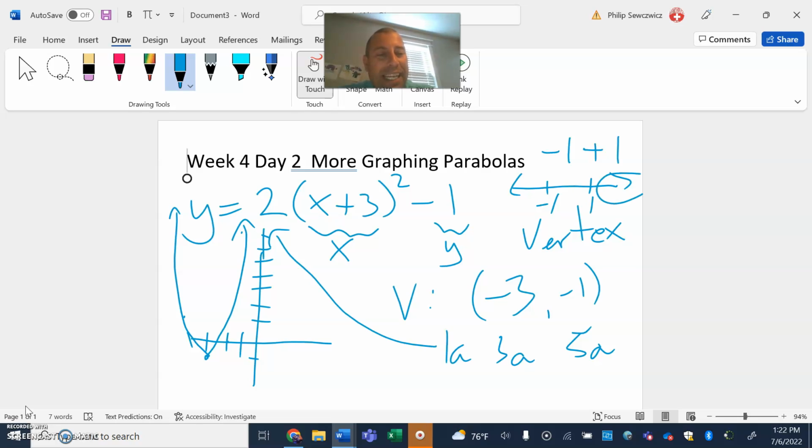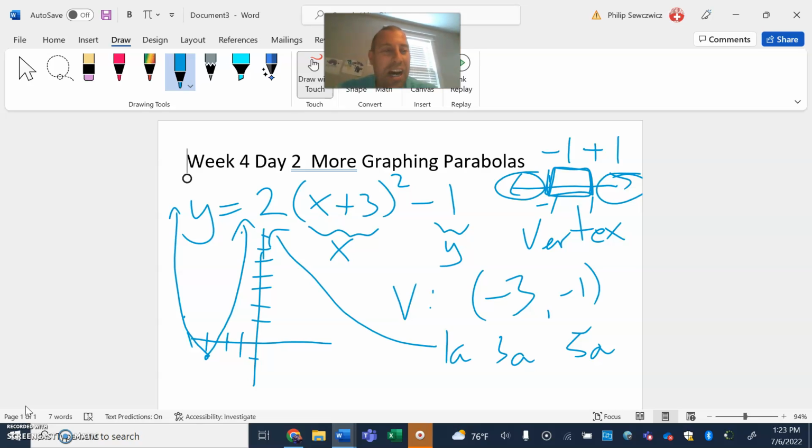Anything outside here or here is going to get very steep. Anything on the inside between that negative 1 and that 1 is going to end up making it wider. So those are just little behind the scenes actions. But yeah, it's as straightforward as that when it comes to graphing parabolas in vertex form, which is why we like it so much, because vertex form is fast to graph.